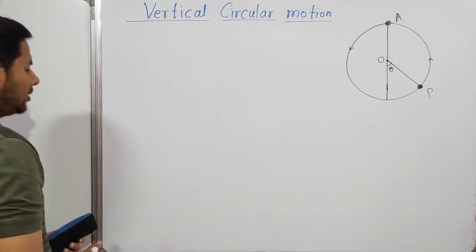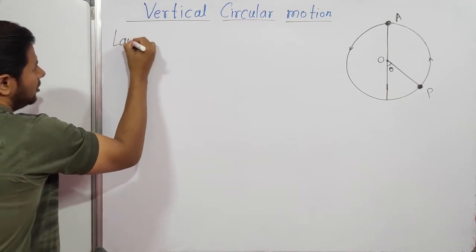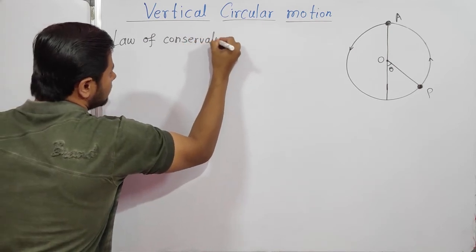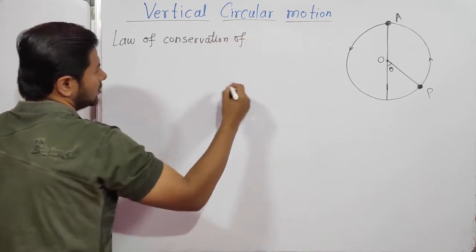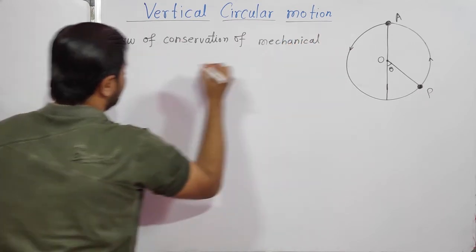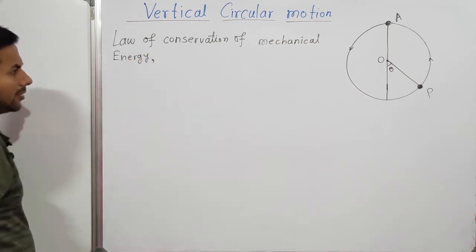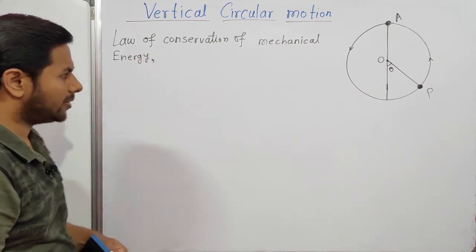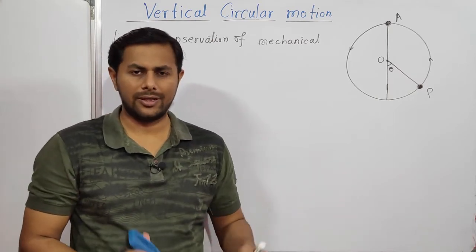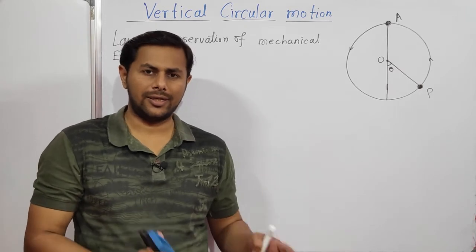Alright. So we can use the law of conservation of mechanical energy. The law of conservation of mechanical energy says that if an object is acted upon by conservative force only, then the sum of its potential energy and kinetic energy is constant.